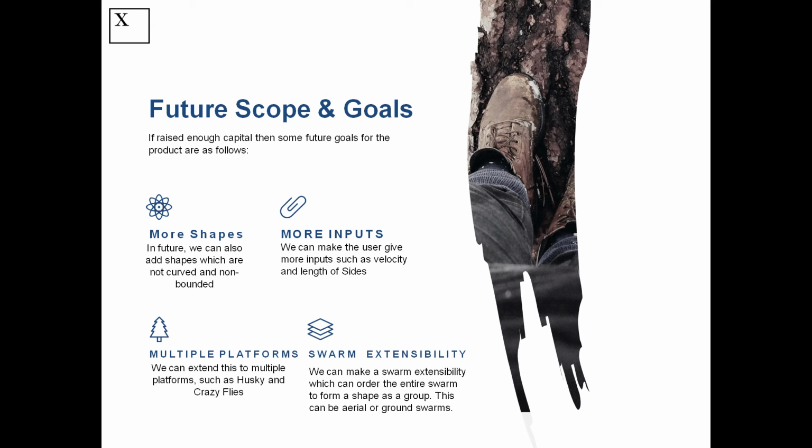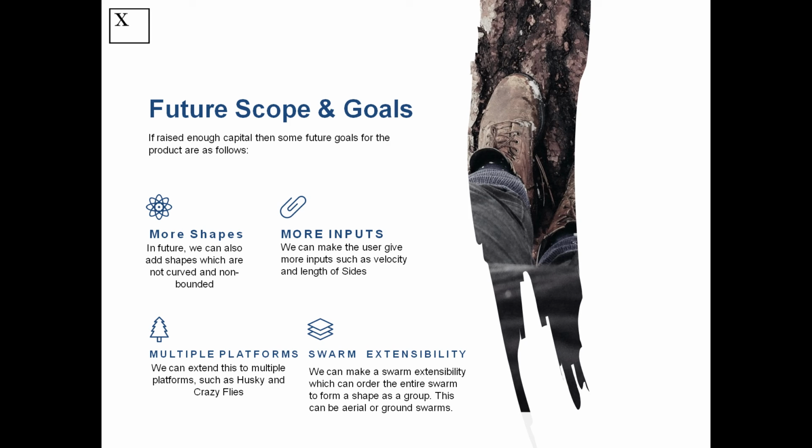Or I could take more inputs from the user to make it more interactive, not just the number of sides but also velocity and whatnot. And I was also thinking, why restrict it to the Turtlebot? We can increase the spectrum of the project by extending it to multiple platforms such as Husky or the Crazyflie quadrotor. That would be even better.